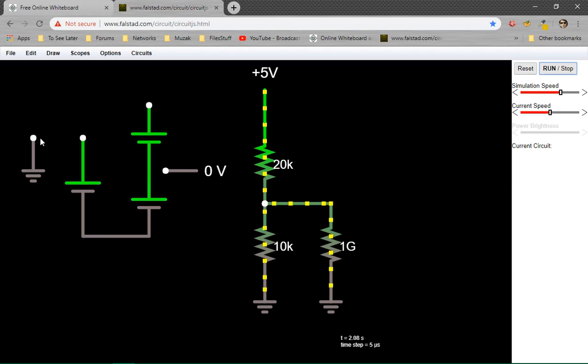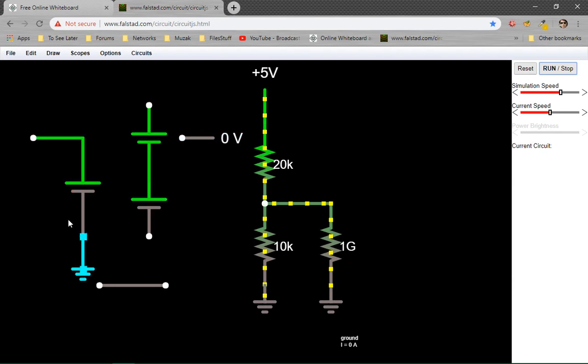If you want, you might consider this point of the battery the 0 volts. But in that case, see the color change. We now have here -5 volts. It's below whatever we call 0. That's a powerful thing to understand when you check later with more complex circuits.